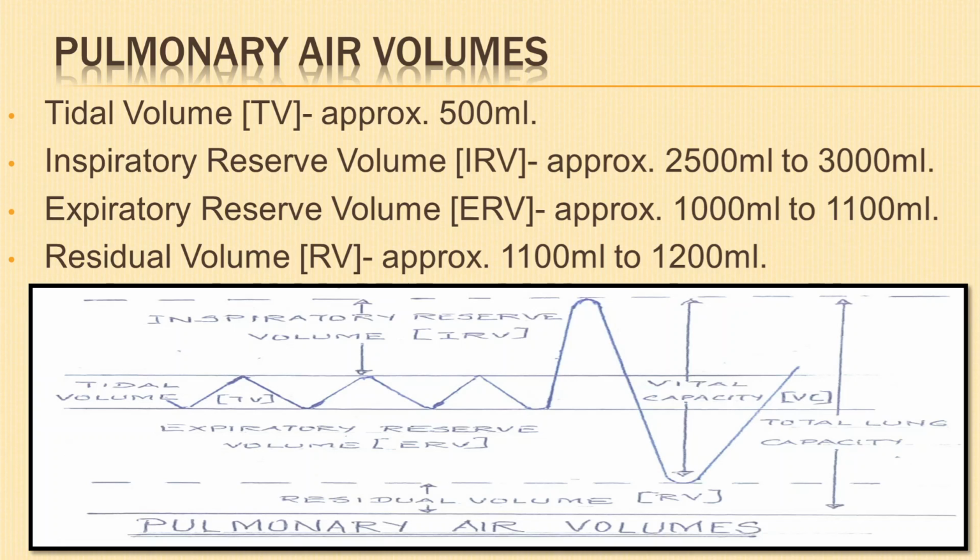Residual volume, RV: the volume of air left in the lungs and respiratory passage after a maximum forced expiration is called residual volume. This averages 1100 ml to 1200 ml.